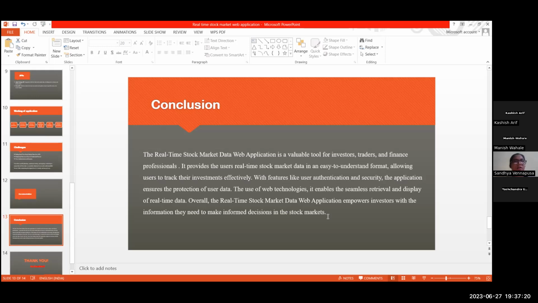It also offers user authentication and security features so that they can freely use the application, knowing it can secure the user data. And with the use of web technologies, it offers seamless retrieval and display of real-time data. So it ensures the investor has the information they need to make informed decisions in the stock markets.